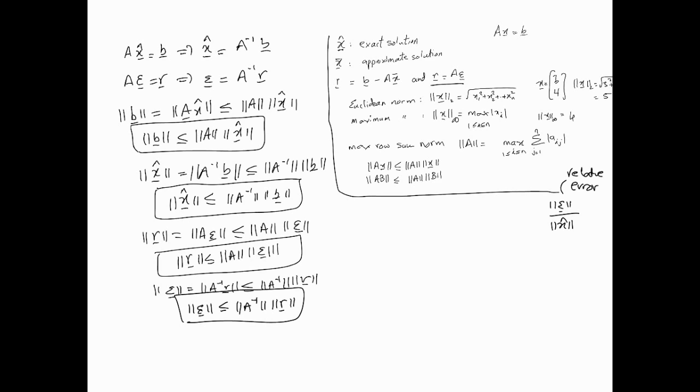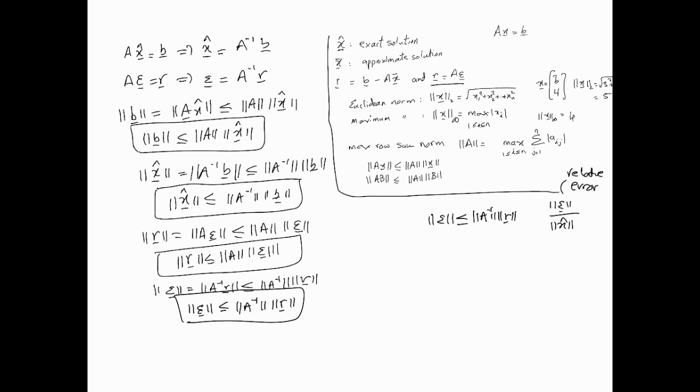Now, in order for me to work this out, I'm going to go slowly first, very slowly. Let's look at epsilon for a moment. What we see here is that epsilon is less than or equal to this, which means I'm just going to write that down here. So epsilon is less than or equal to A inverse R. Okay, that's 1.